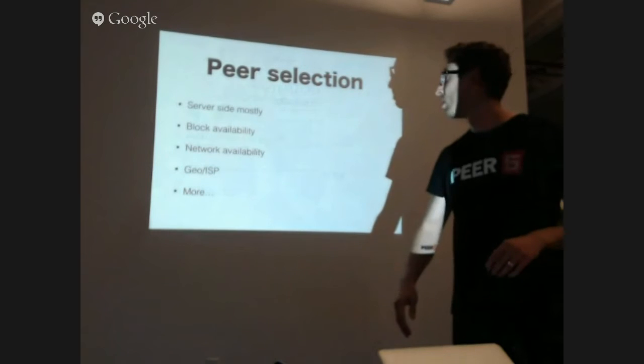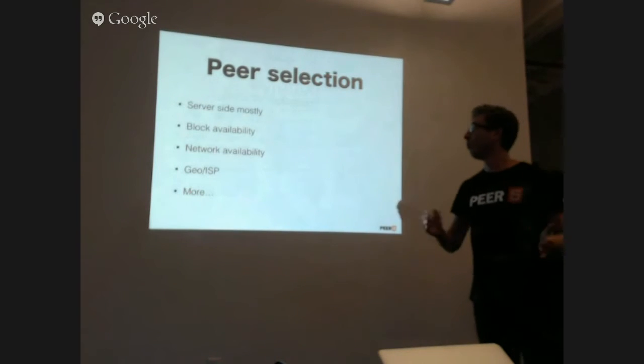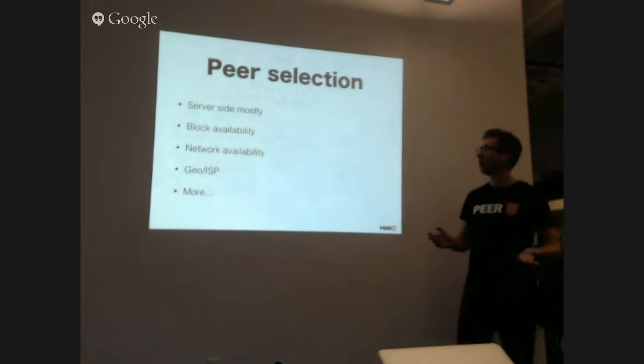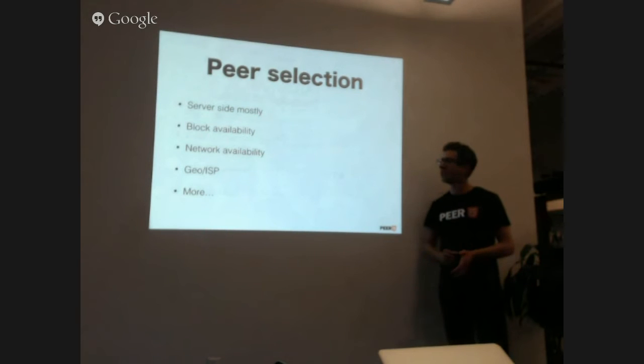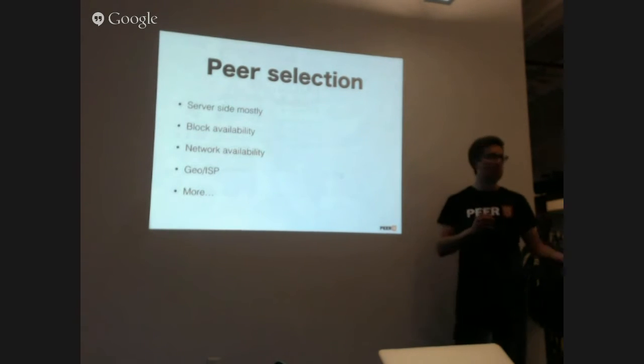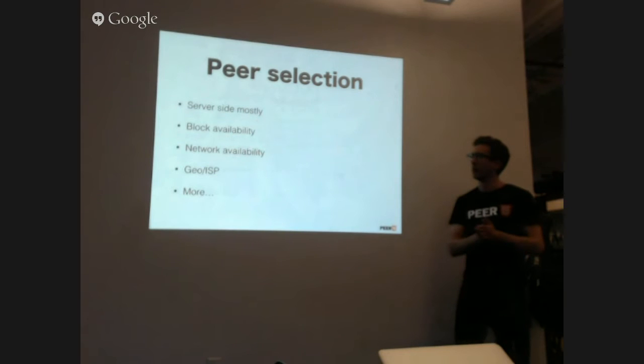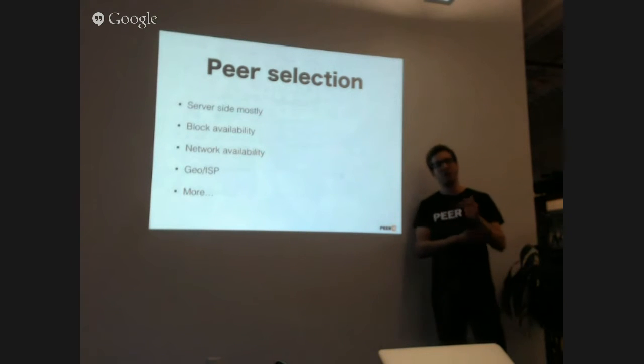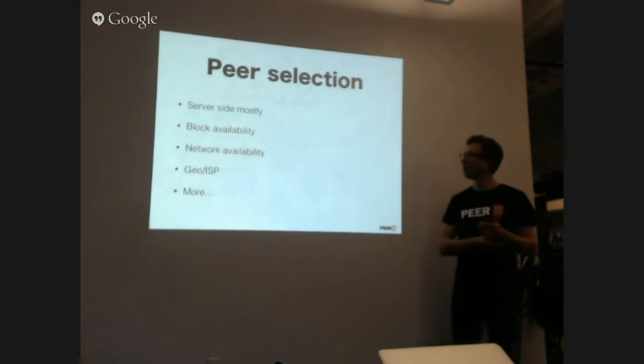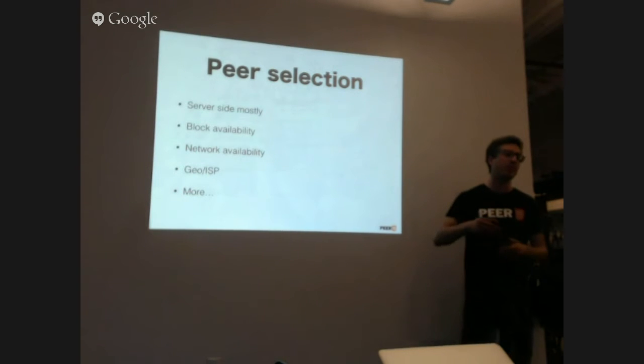And yeah, so about the peer selection, our algorithm is mostly on the server side. The peers are independent in terms of what actual chunks you're going to ask from other users. But the decision on who I'm going to communicate with is on the server, and it is based on the block availability.